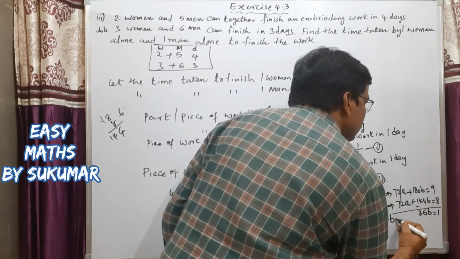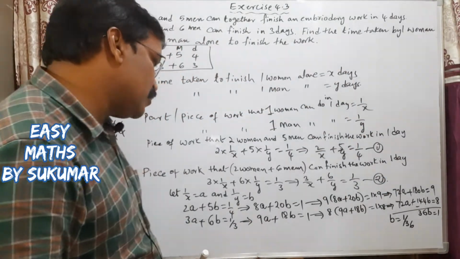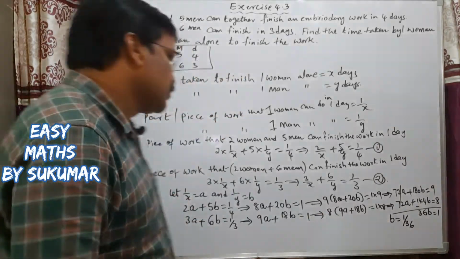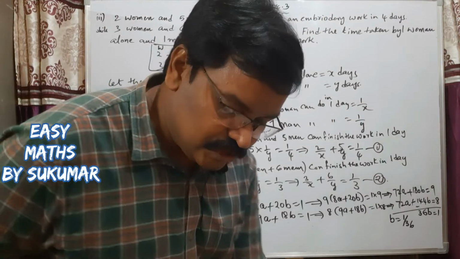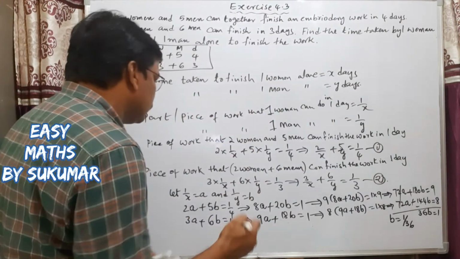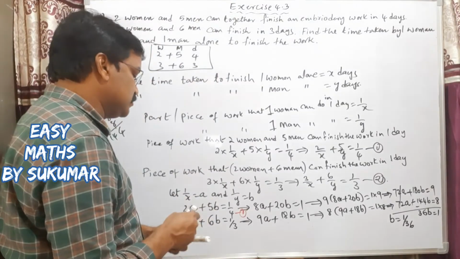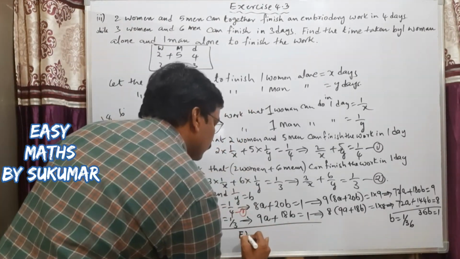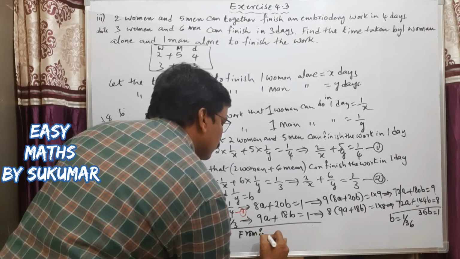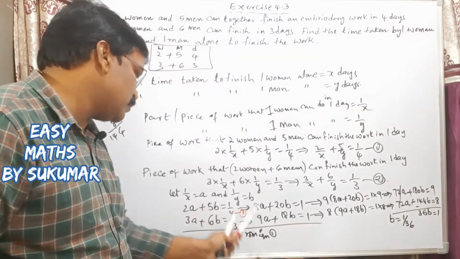So b is equal to 1 by 36. So here the value of b is 1 by 36. Now from equation 1, my dear students, what is equation 1? 2a plus 5b is equal to 1 by 4.